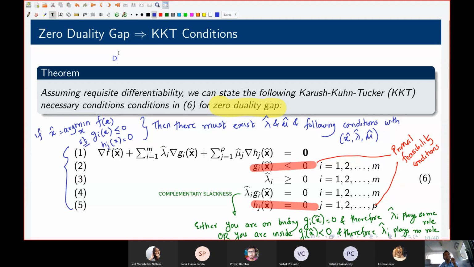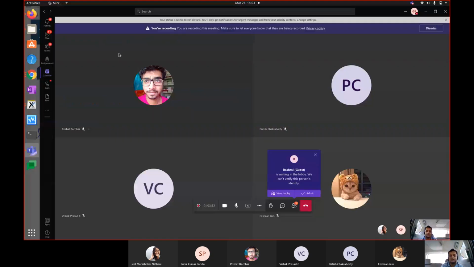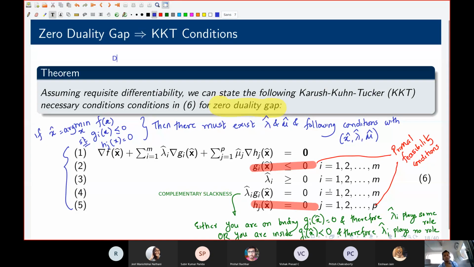If it's convex, you would expect convexity to be a sufficiency condition, correct? Right, but not necessary. Convexity is not in the necessity part. If these conditions hold, then you must have zero duality gap.